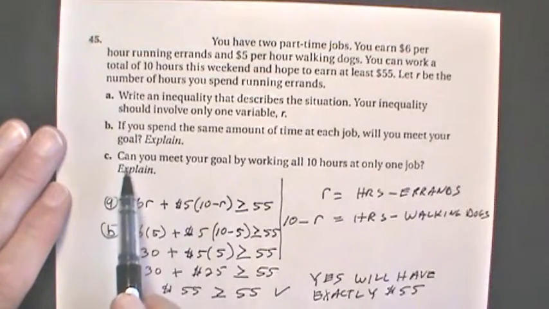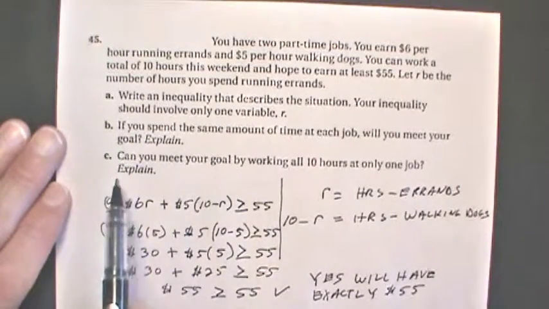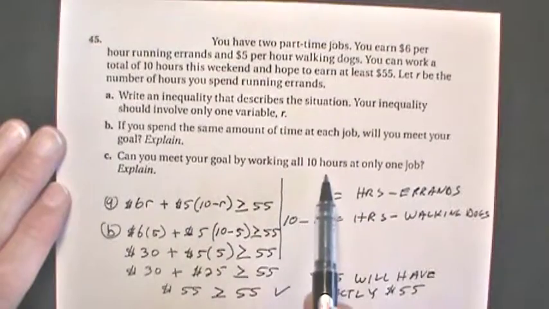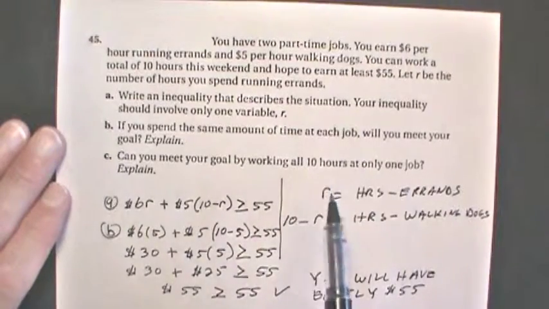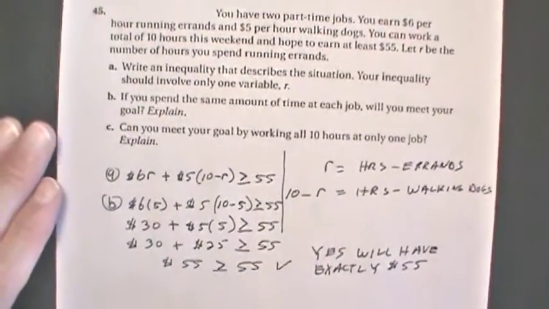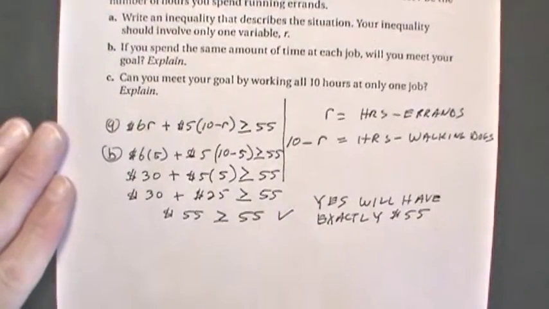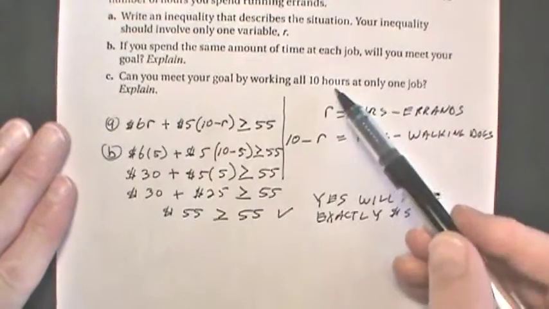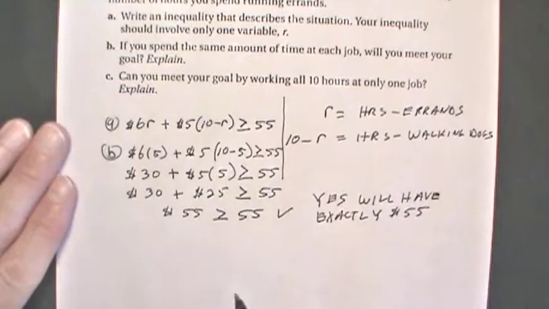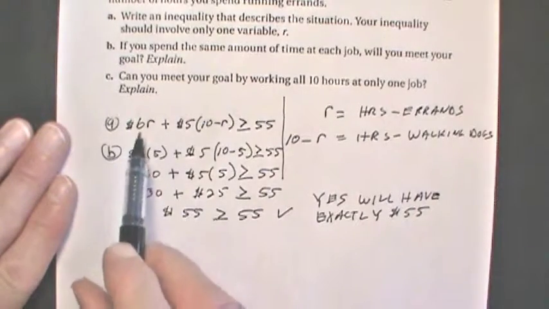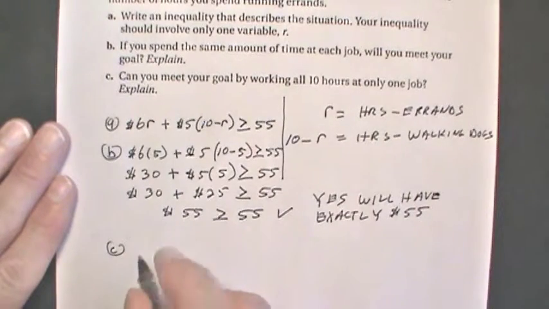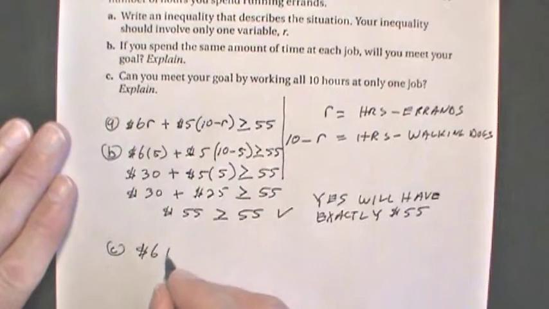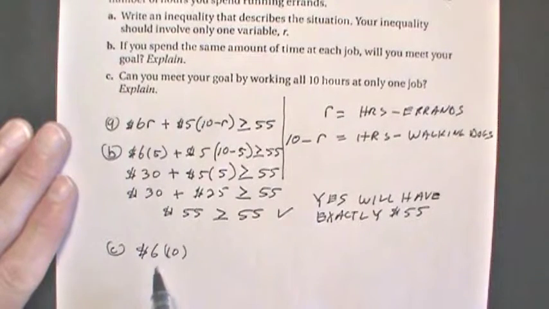Problem C, we want to determine if you can meet your goal by working all 10 hours at only one job. So let's consider doing all 10 hours at errands first. So we're going to take our expression here, $6, and we're going to allocate all 10 hours only to the errands.